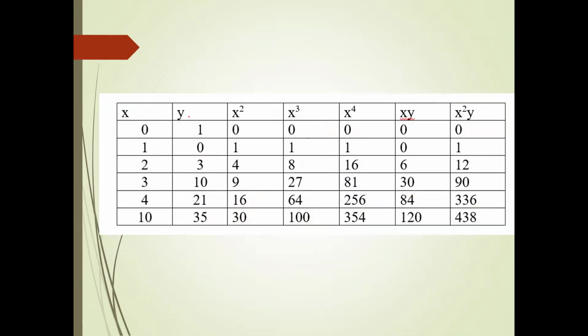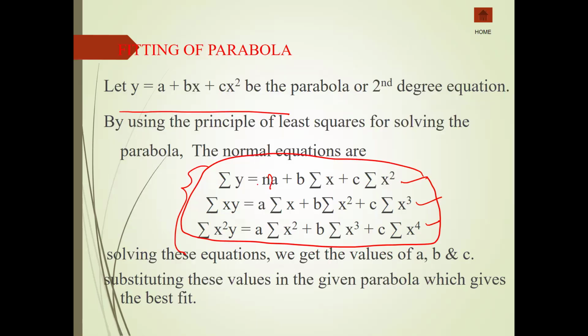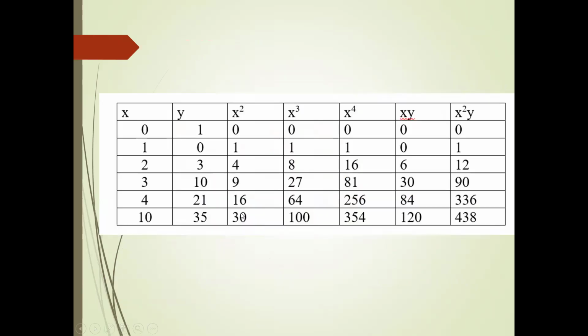See here, x, y is given. So what are the things you require? x is required, y is required, x square, x cube, x power 4, xy, and x square y. So all of these we have computed here. How many values are there? 1, 2, 3, 4, 5, 6.